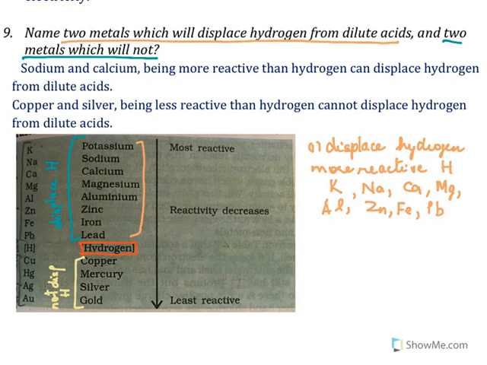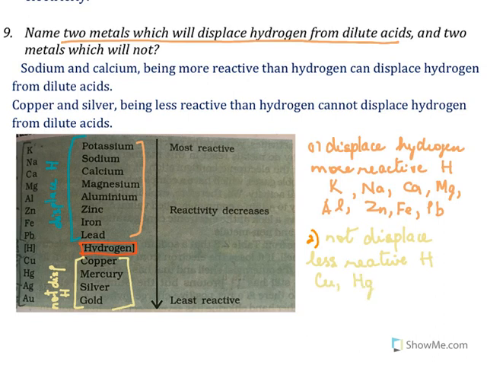These will all displace. While the ones that will not displace are the ones below. And why not displace? Because they are less reactive than hydrogen, they are unable to displace it, and that is copper, mercury, silver and gold. They will not displace hydrogen.